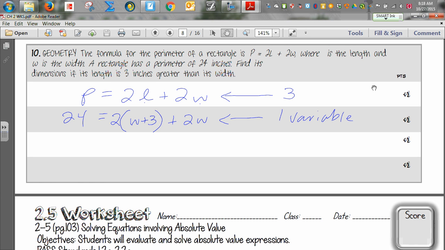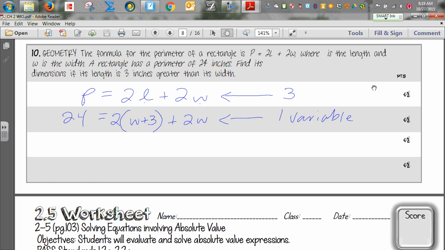Now, remember too, what is it asking for? Okay, so now, if it's asking for the dimensions, how many answers am I going to have? I have 2 answers, right? Length is equal to, width is equal to. How would I find the length?